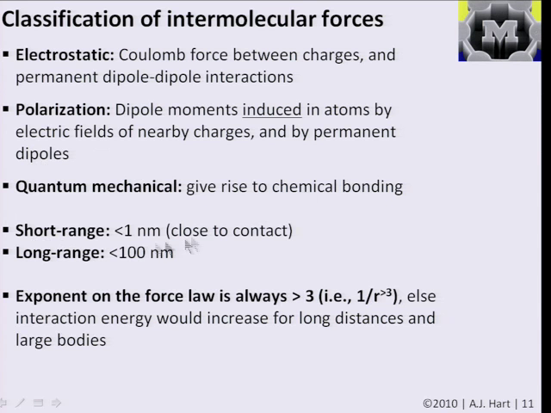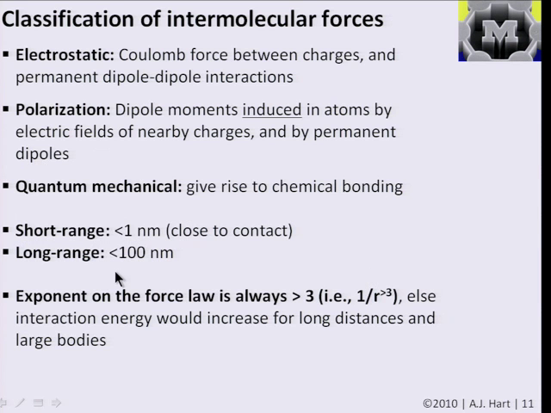And in general, these are classified into short-range forces, like bonding forces, which can happen over a range of less than a nanometer, and what are called long-range forces, which will say happen over a distance of less than 100 nanometers. This is not the same long range as I defined, of course, in the case of gravitational forces, which are really macroscopic interactions.